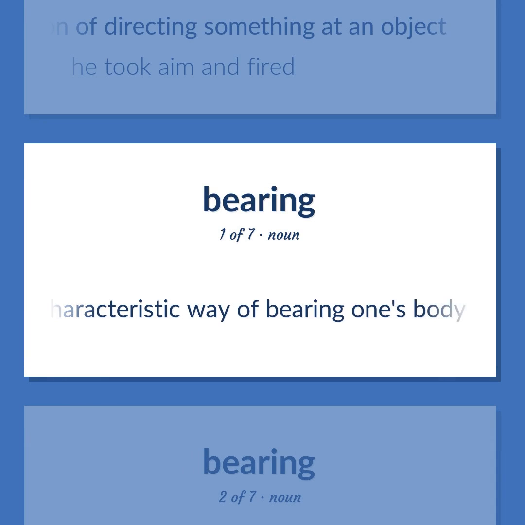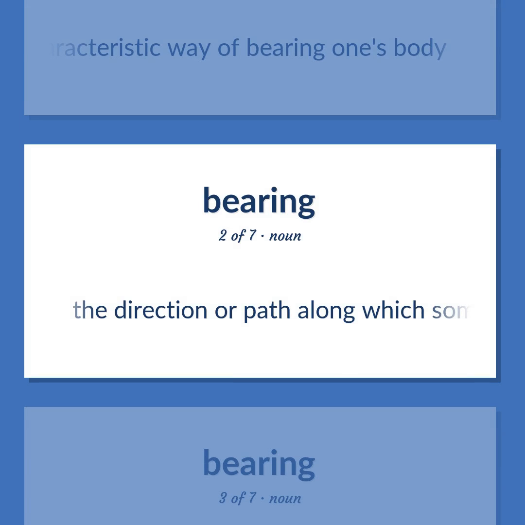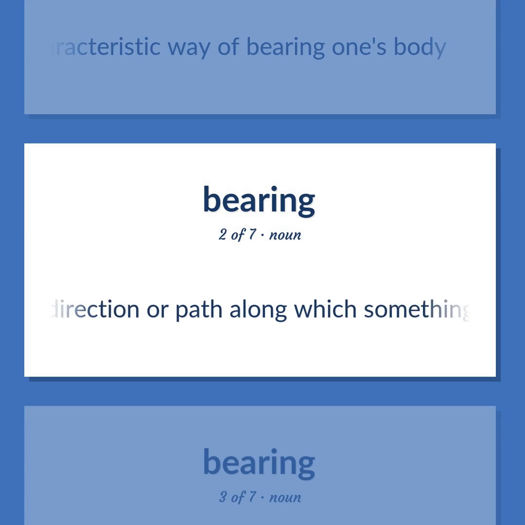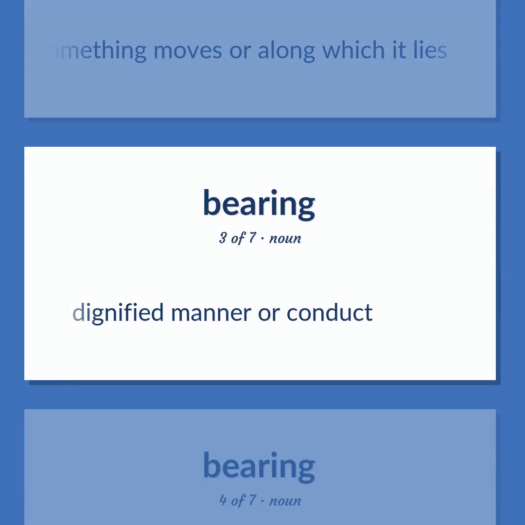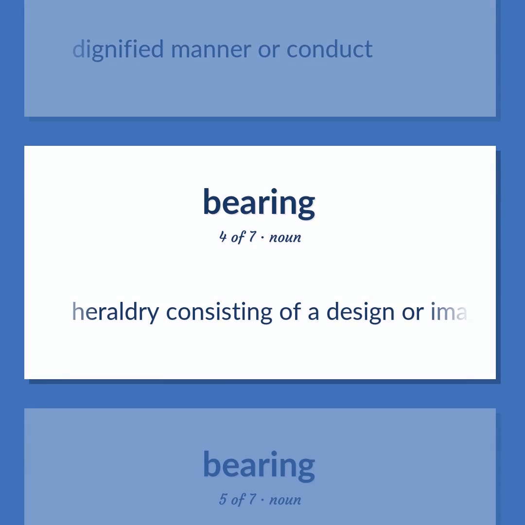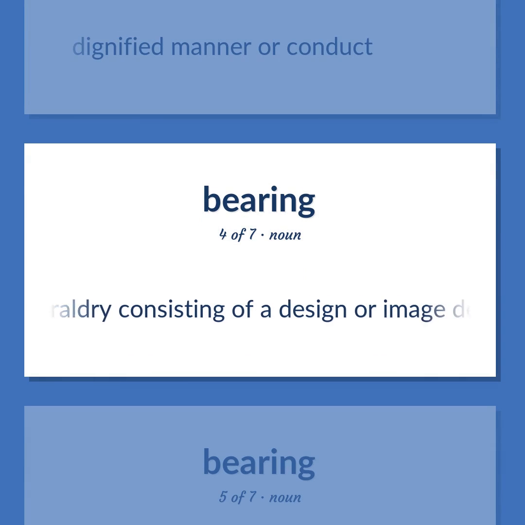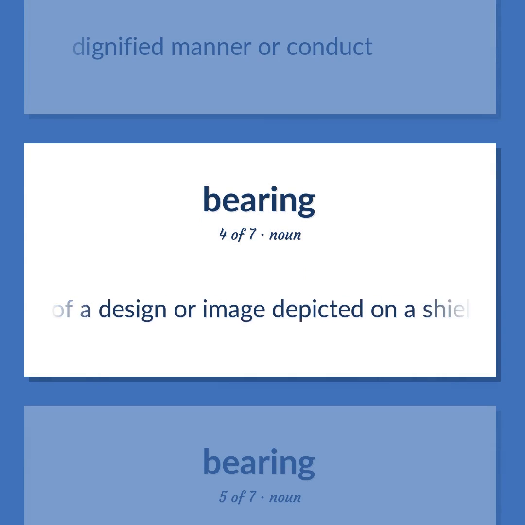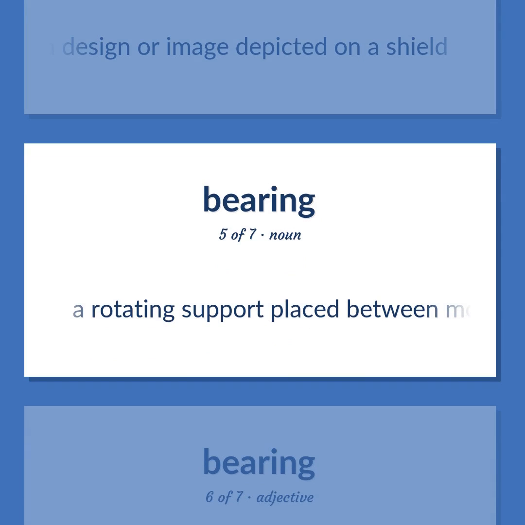Characteristic way of bearing one's body. The direction or path along which something moves or along which it lies. Dignified manner or conduct. Heraldry consisting of a design or image depicted on a shield. A rotating support placed between moving parts to allow them to move easily.